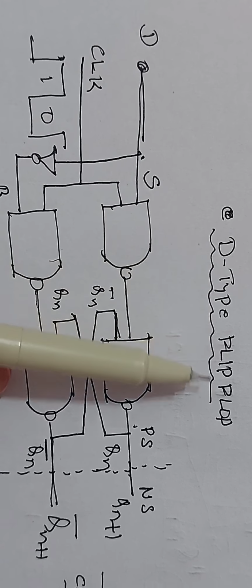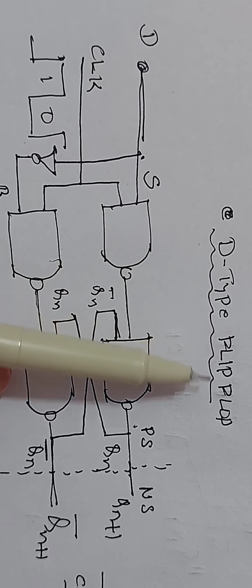Therefore, we can set the flip-flop by applying S equals 1 or reset it by applying S equals 0. When S equals 0, R should be 1, and when S equals 1, R should be 0. That is, S and R are complementary.